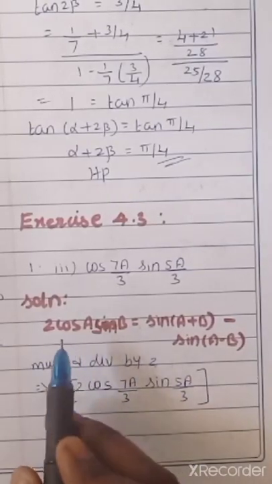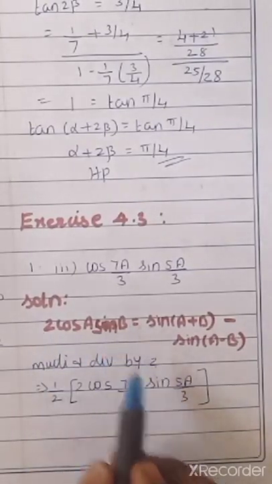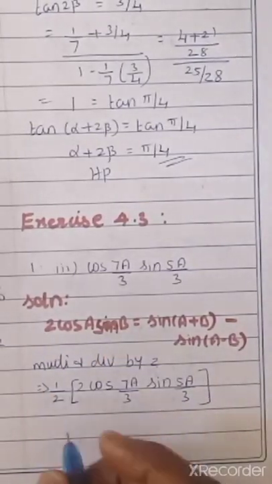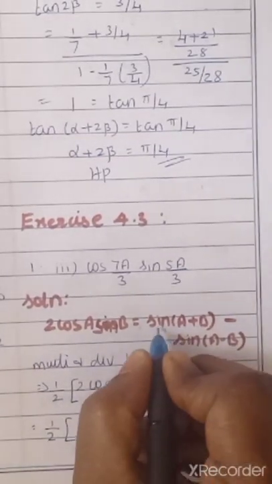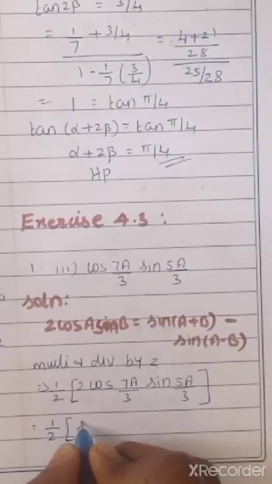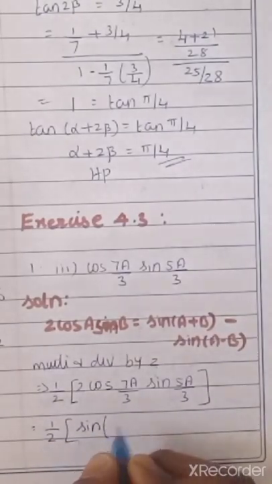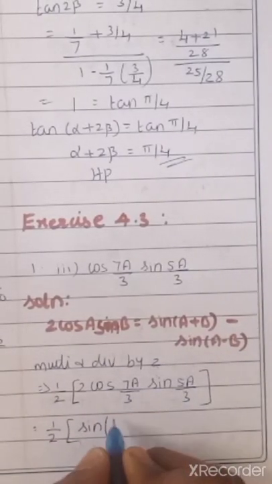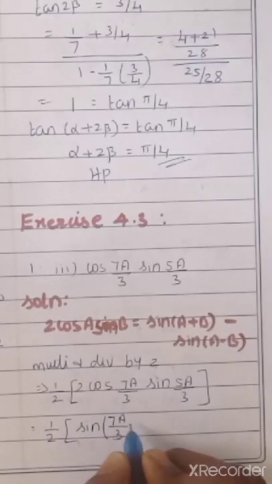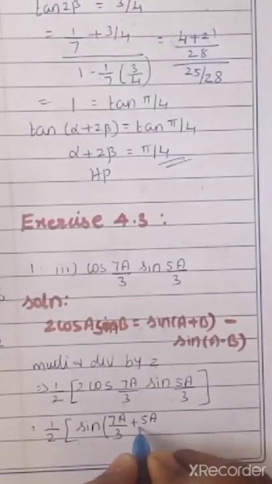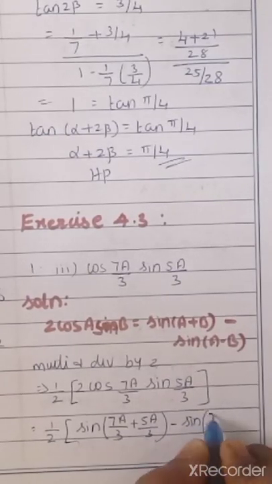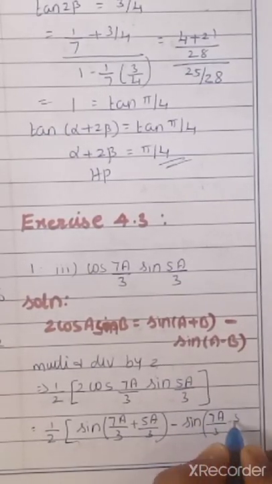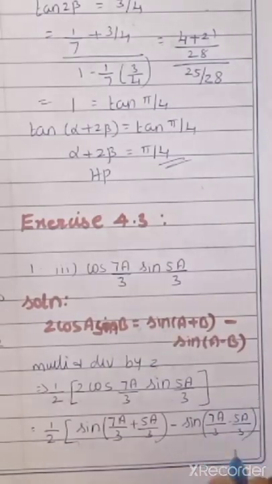Now, can we use this formula, 2 cos A sin B? Yes. Half we can take outside. Sin(A plus B), where A is this value and B is this one, so 7A by 3 plus 5A by 3, minus sin(A minus B), so 7A by 3 minus 5A by 3.